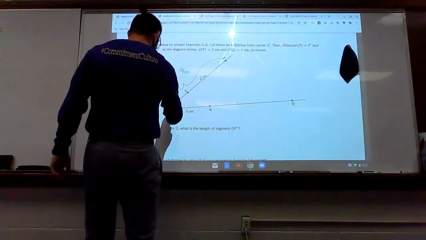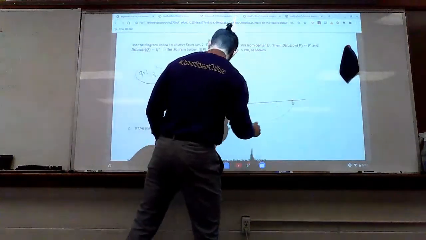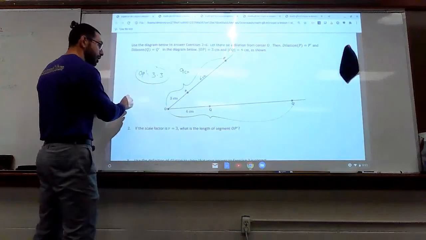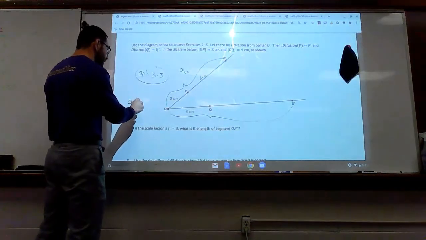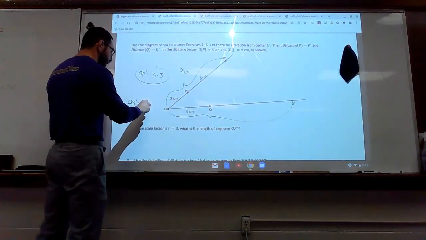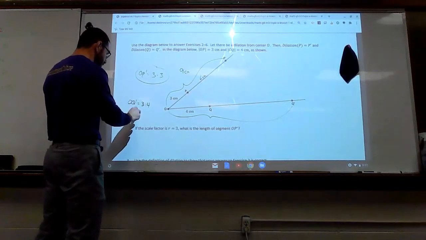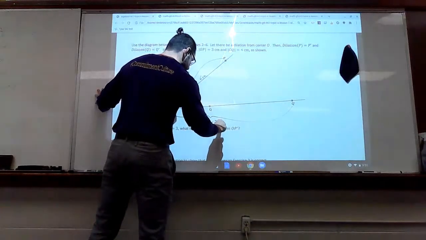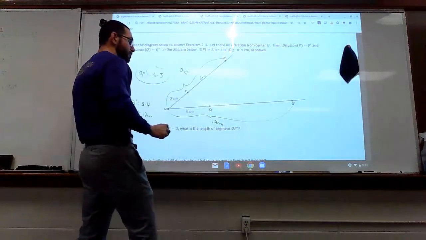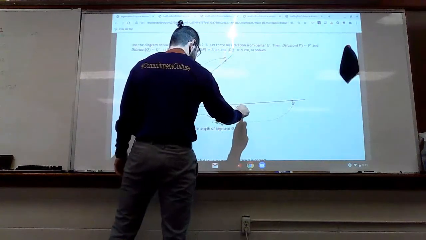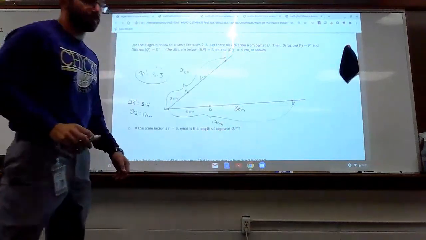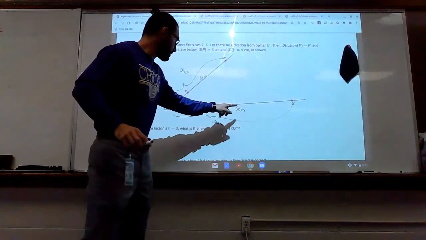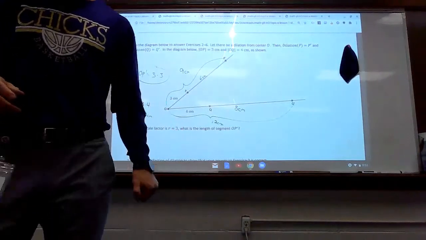So once again, OQ prime is 3 multiplied by my pre-image. So OQ prime is 12 centimeters. So the whole thing is 12 centimeters. But if it asks for just Q to Q prime, then it would be 8 centimeters, because this portion plus this portion is what gives me the whole thing.